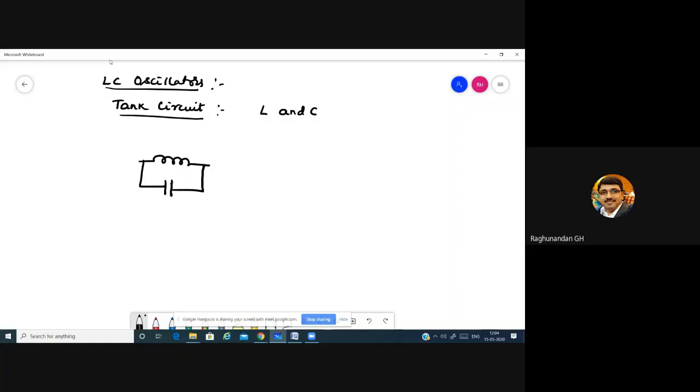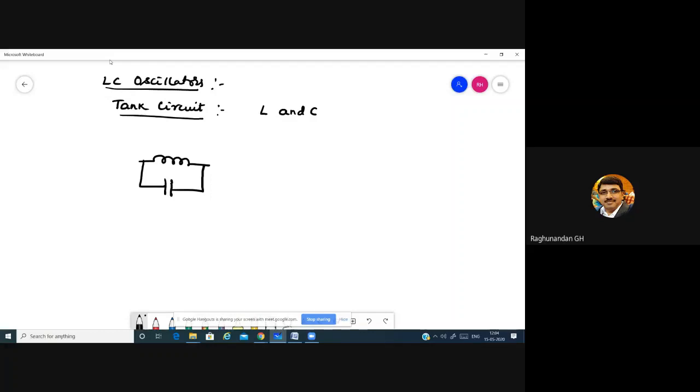Now before going on to the actual circuit analysis, we'll understand how this actually works. Basically, the inductor and the capacitor. Whenever you have an inductor and capacitor, they are known to be resonant circuits. This kind of circuit we have already studied in power amplifiers.